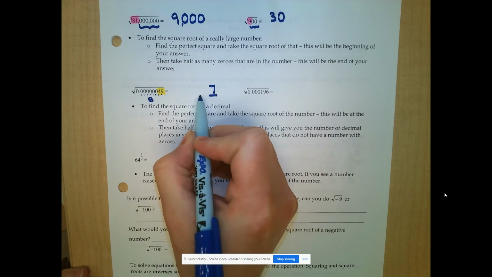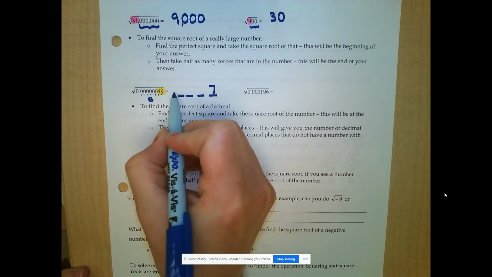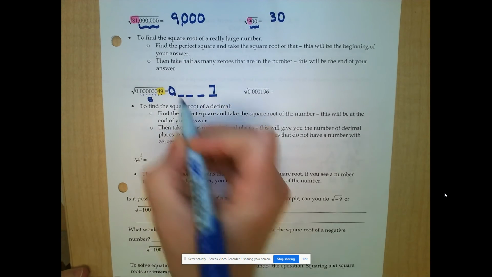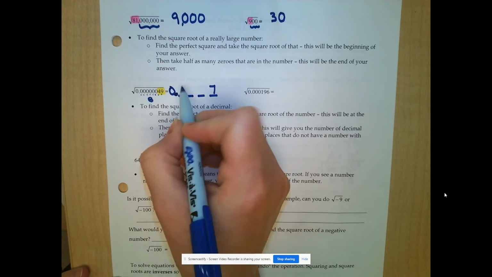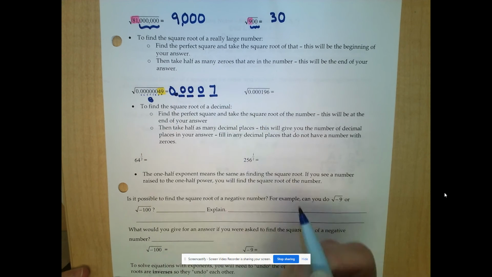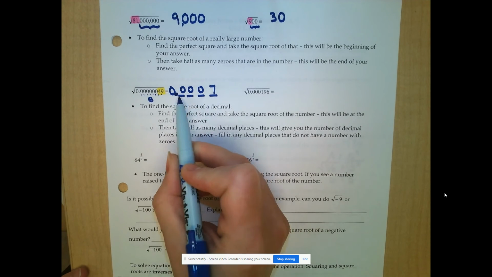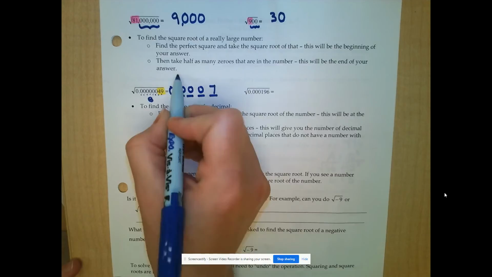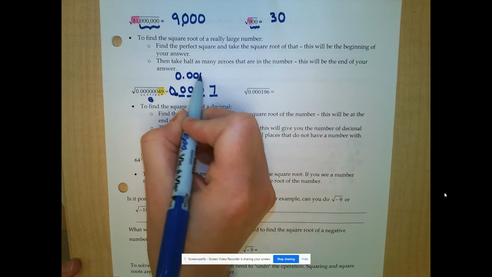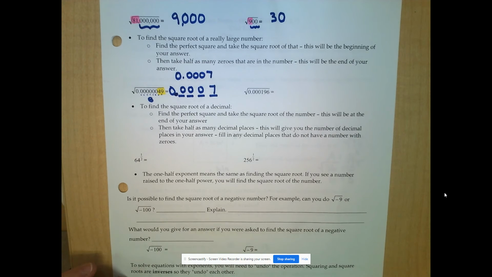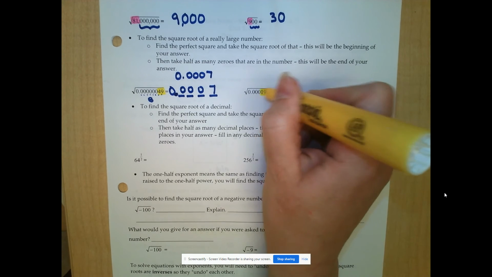That means my answer needs 4 decimal places after the decimal point. So you put the 7 at the very end. Any of those other spaces you fill in with zeros so that your answer has 1, 2, 3, 4 total places after the decimal point. So this is 0.0007.